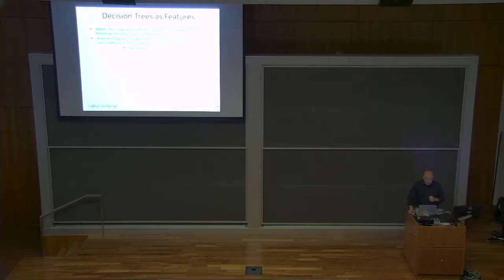The reason this is being done is because decision trees are an interesting and expressive class. They can learn simple functions that can be used as features. Again, remember what we did a few lectures ago when we talked about blowing up the feature space, starting with the raw data that you have, generating more interesting features on top of it.